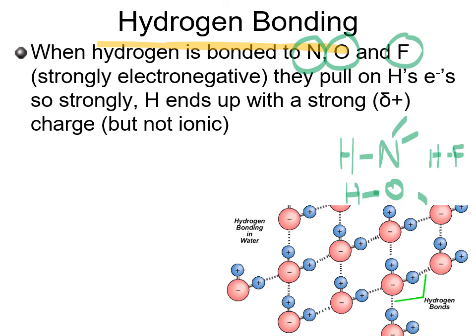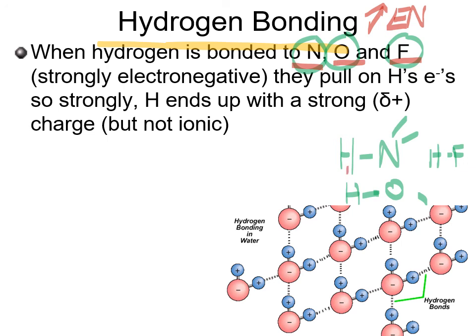These end up with such a large electronegativity difference because nitrogen, oxygen, and fluorine are important since they're right at the top right-hand side of the periodic table. They have a high electronegativity, which leads to the hydrogen having a high delta positive.